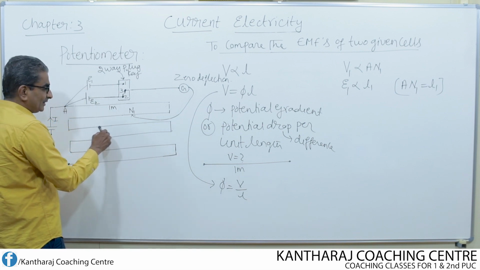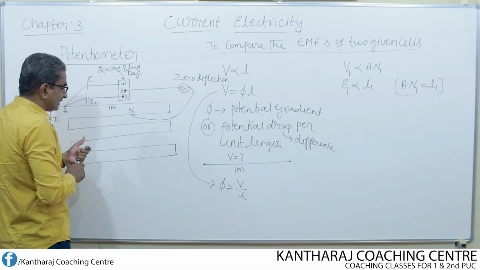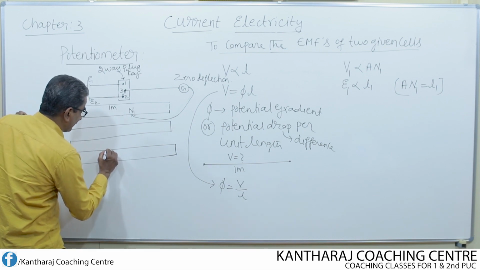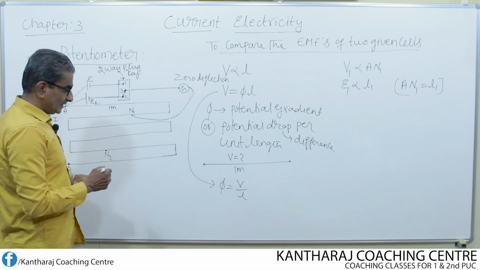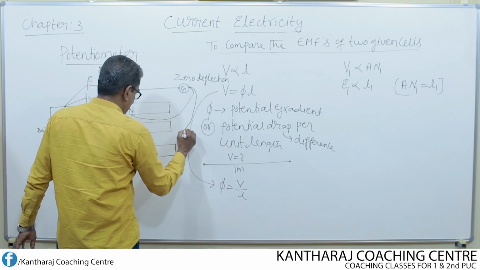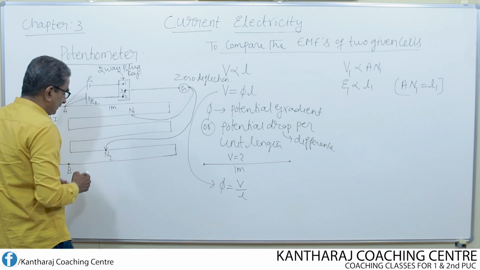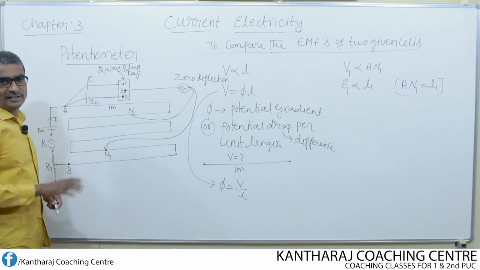While moving like this, on one of the wires at one of the points, say somewhere here, N2, I get null deflection. Let us consider this point as the second null point corresponding to the second cell only.